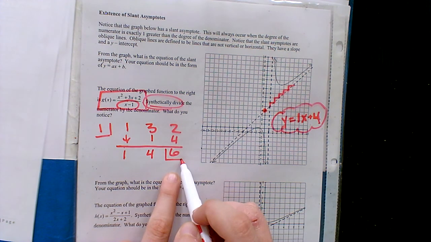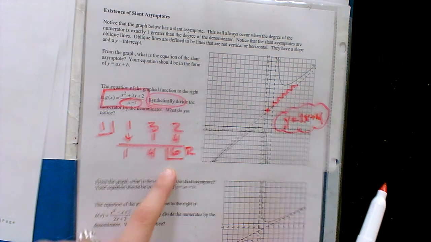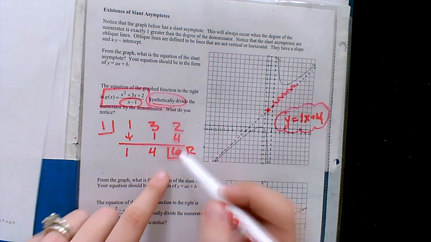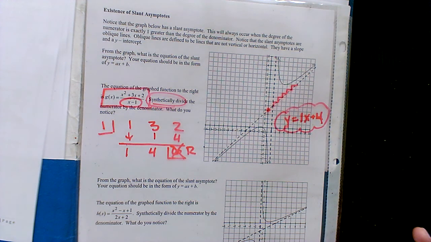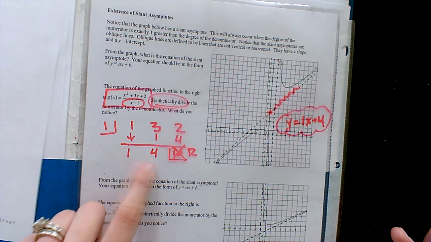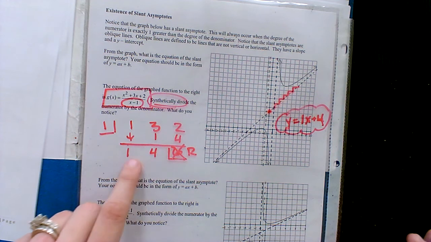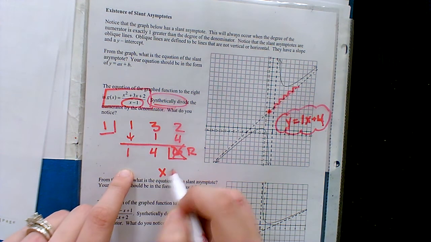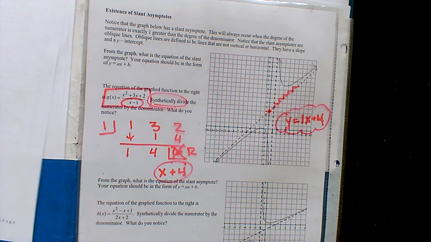What's the 6 represent, though? That's the remainder, right? I don't really care what the remainder is. That just tells me if it's a factor or not. But it looks like the quotient, the stuff that goes in at the top, a whole amount, would be 1 and 4. So if you put the x's back into that, you'll have x plus 4. Okay, the equation of your slant asymptote. Kind of interesting.